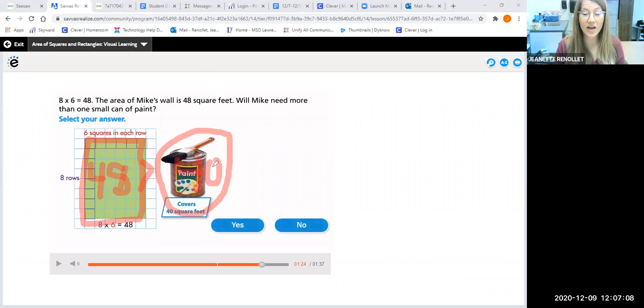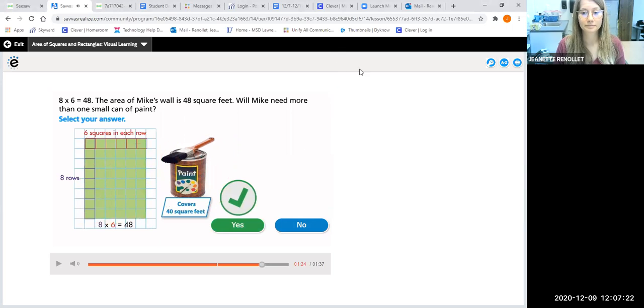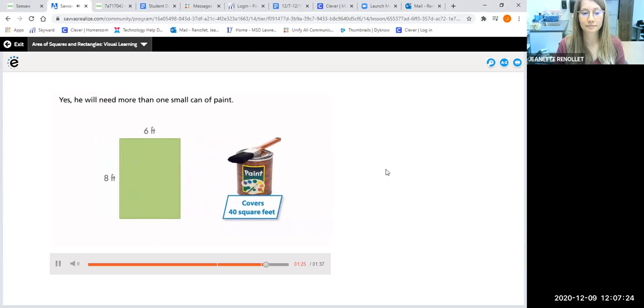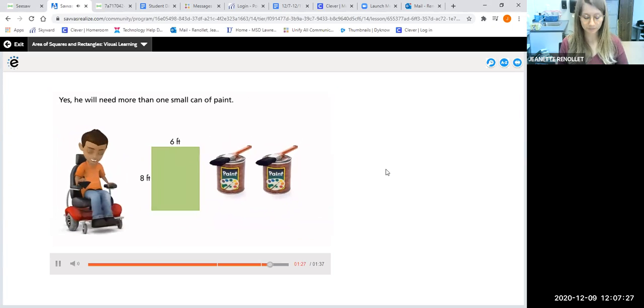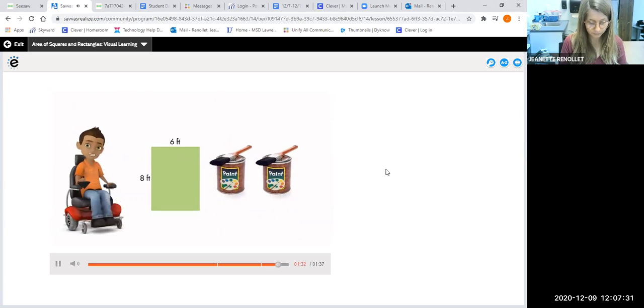So we know that he needs more than one can of paint. We can select yes, he needs more because he has 48 square feet to cover. Yes, he will need more than one small can of paint. Now you know different ways to find the area of a figure.